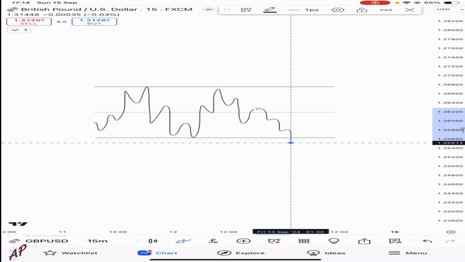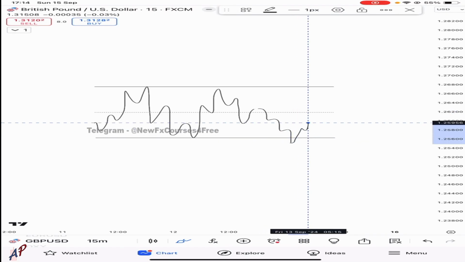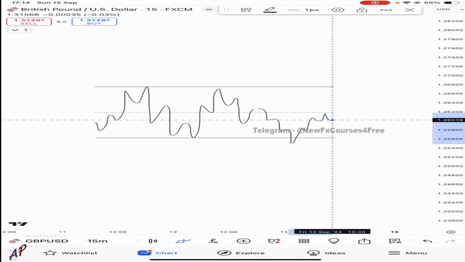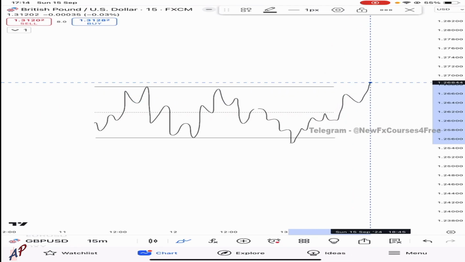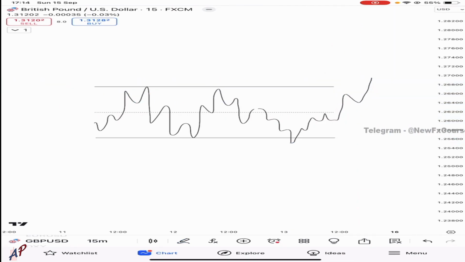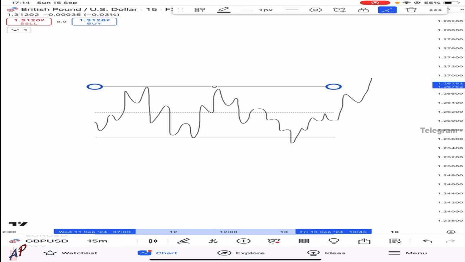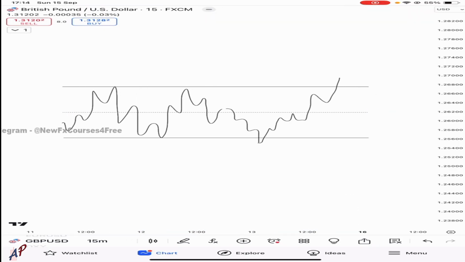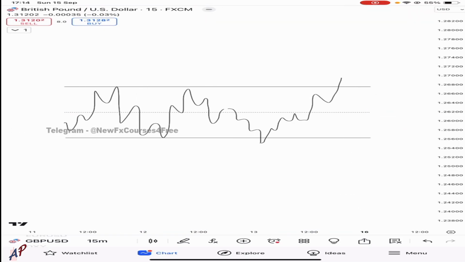You wait for a change in state of delivery, or you go for a blind entry. Either way, you buy the range low, take partial at the 50% of the range, usually witnessing a retracement, and then you take price to the other end of the range. Easy. So that's the main entry of this model.